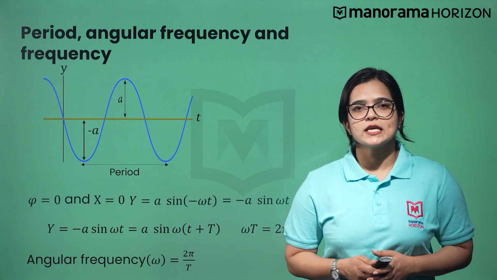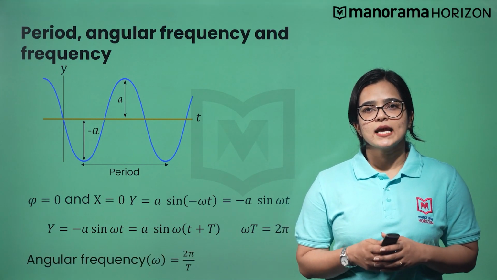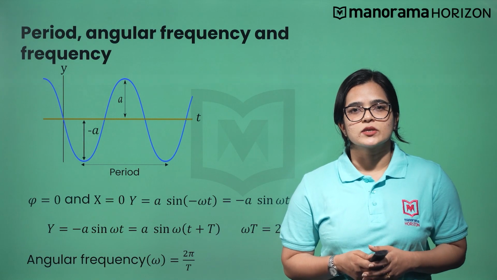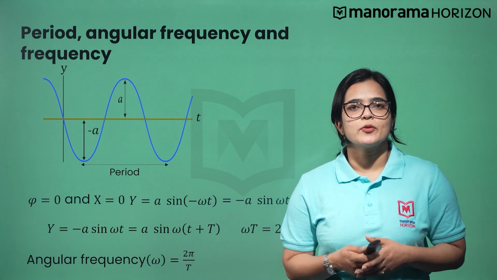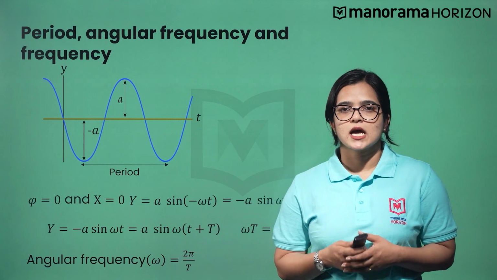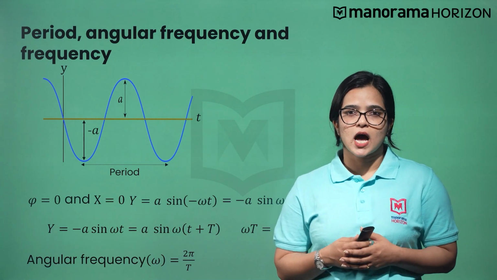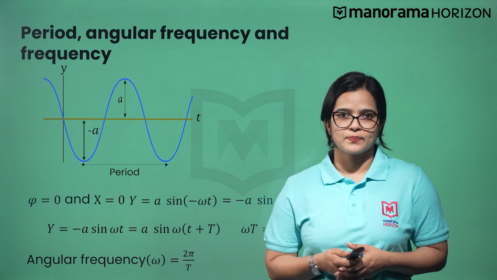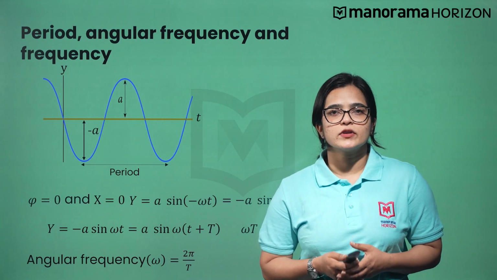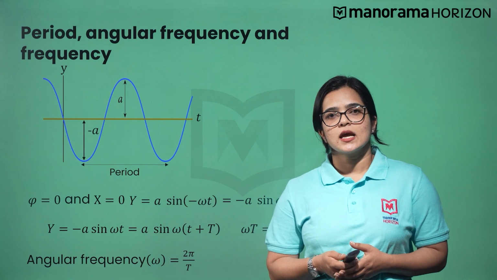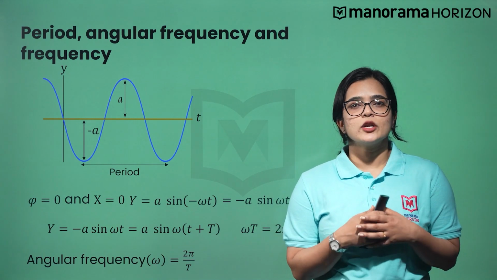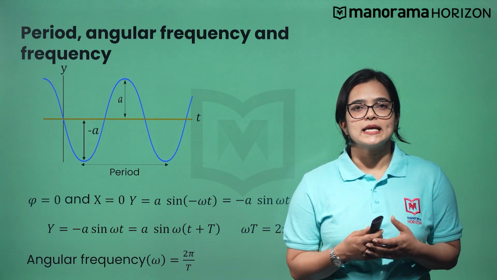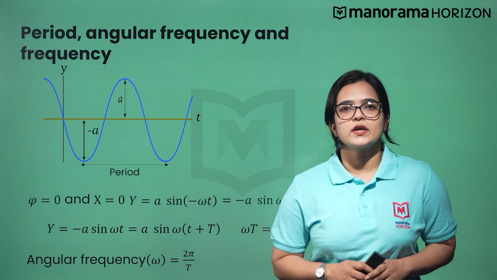The period of oscillation of the wave is the time taken for an element to complete one full oscillation. That is, minus a sine omega t can be represented as minus a sine omega of t plus capital T. Since the sine function repeats after 2 pi, omega T is equal to 2 pi, or we can write omega as 2 pi by T. Omega is the angular frequency of the wave.